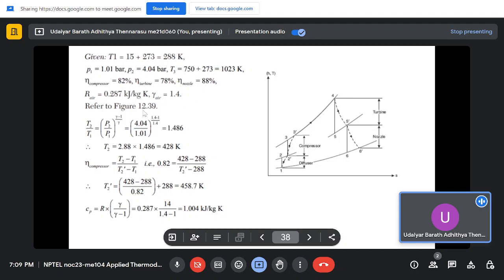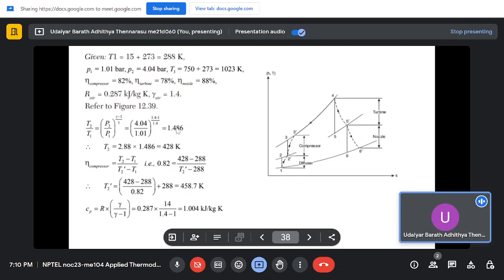Now referring to the figure, the compressor is operating as a reversible adiabatic process. So T2 by T1 equals P2 by P1 raised to the power gamma minus 1 by gamma. We substitute the pressures across the compressor, discharge and suction: 4.04 divided by 1.01, and gamma is 1.4.